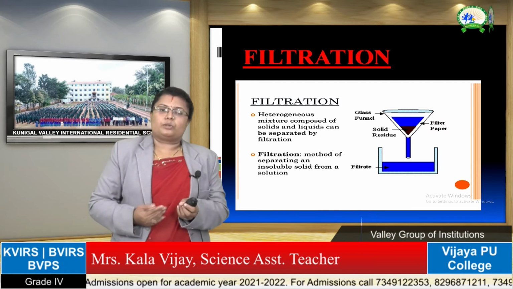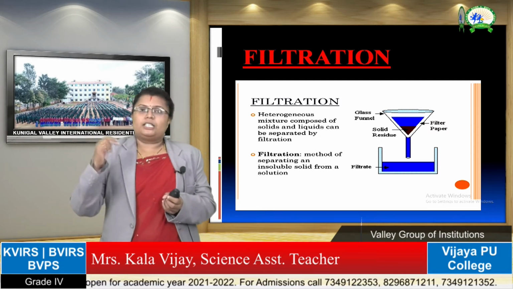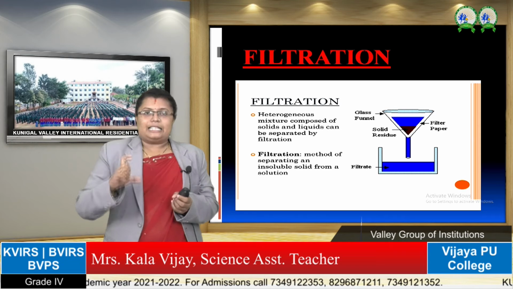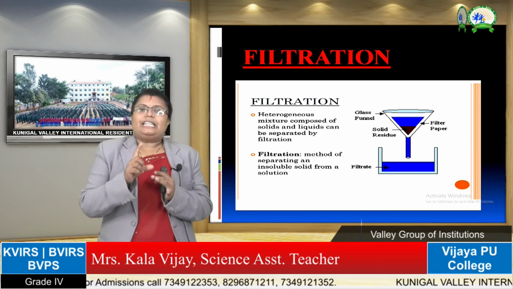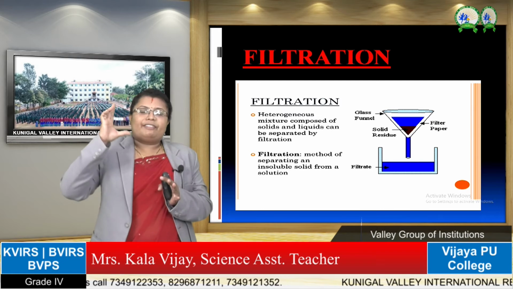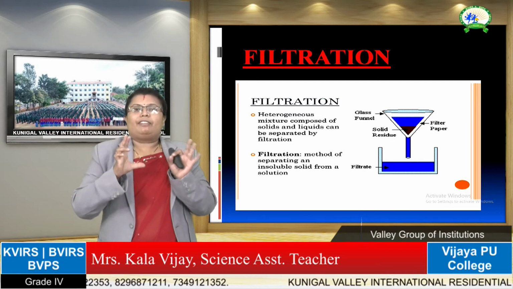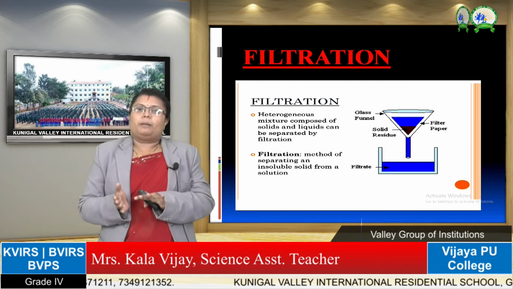The same thing here also. The clear liquid which has the sand mixed in has impurities, so they will follow this filtration technique. In this filtration technique, they will take a funnel, children, and into that funnel they will place a filter paper.